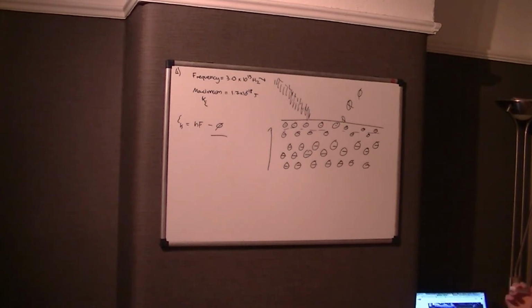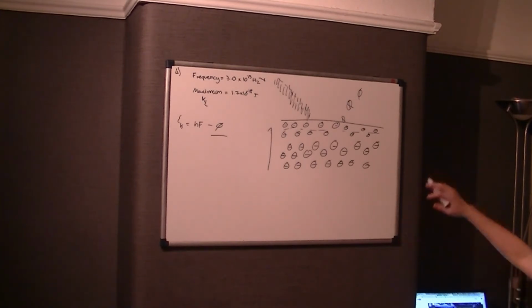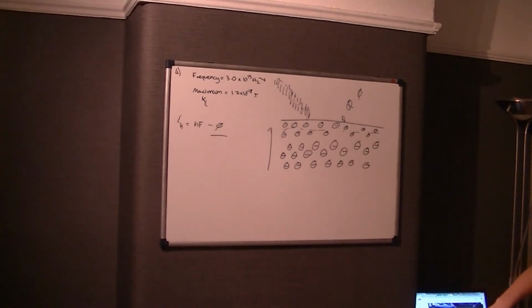And then a third mark if they're answering the question: the electrons that are further down have to do some work to get to the top, therefore have to transfer some energy, so they have less energy left when they escape the metal, and therefore they have less kinetic energy.